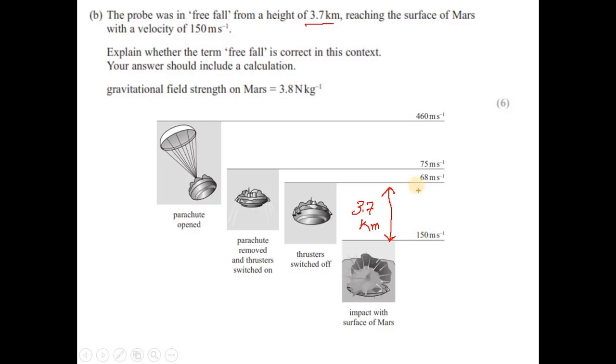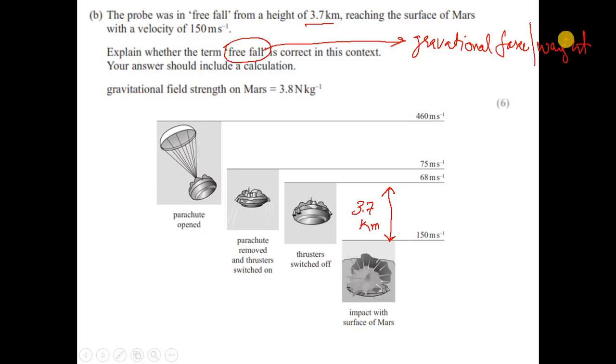So can we say that this downward motion of the probe is a free fall? Remember, the word free fall is only used when the force acting on a falling object is only the gravitational force. Okay?